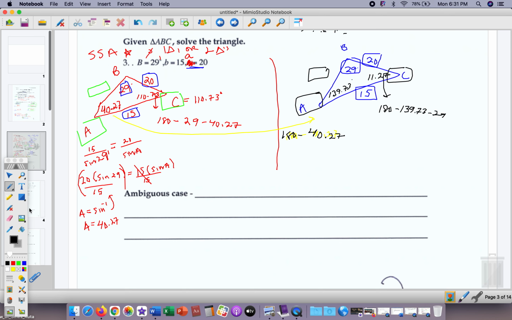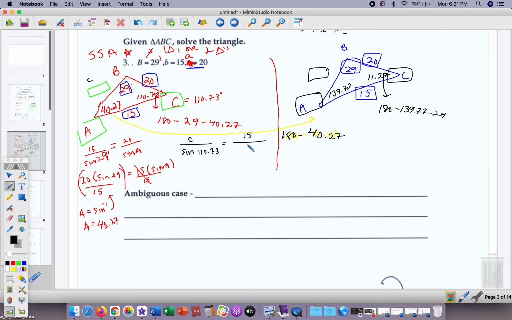And then for both, you're going to find their last side. So the one on the left, if I'm searching for little c, I'm going to do little c over sine of angle C, which on the left one, our angle C is 110.73, is equal to little b over sine B. We want to use one that we have, so I'm going to go with B, doesn't matter.